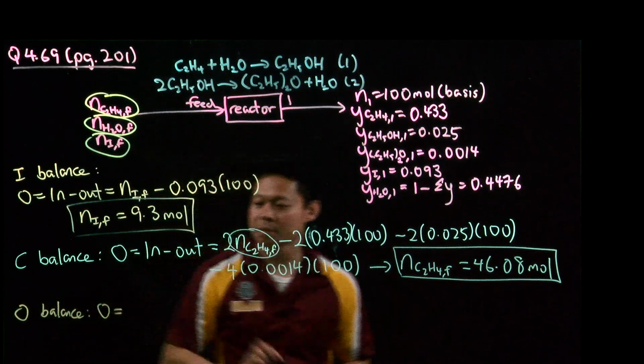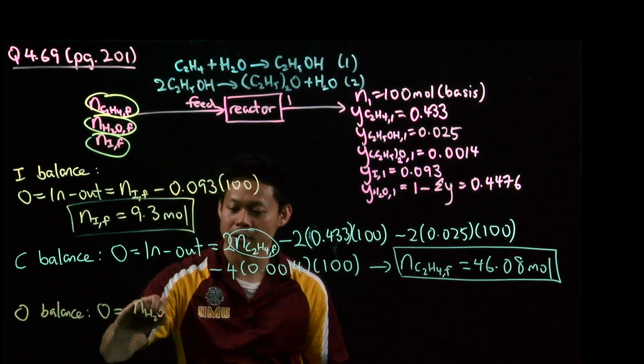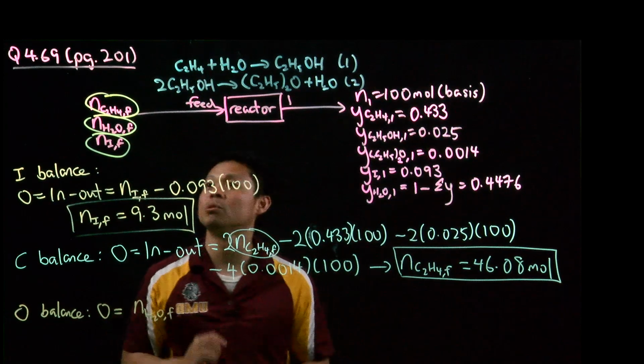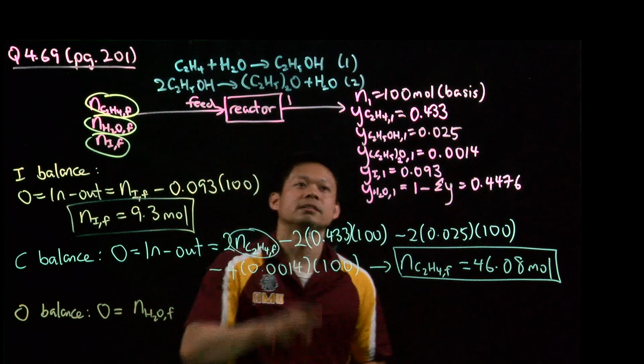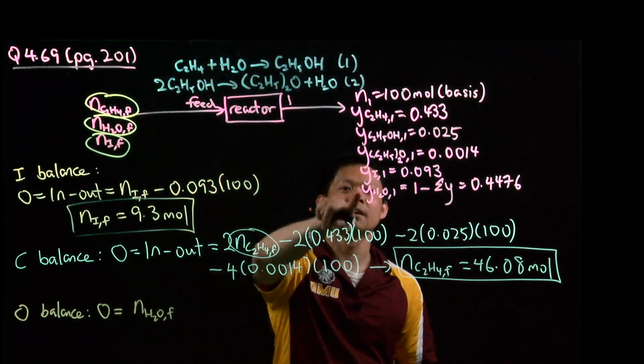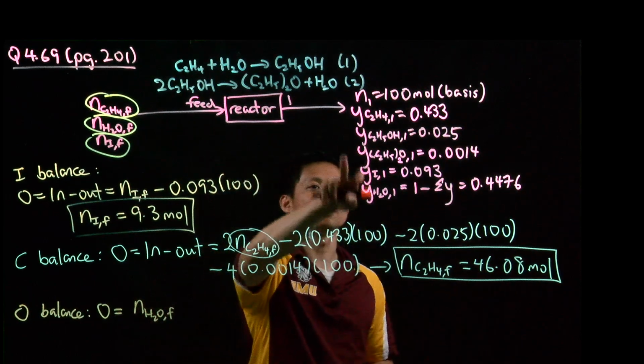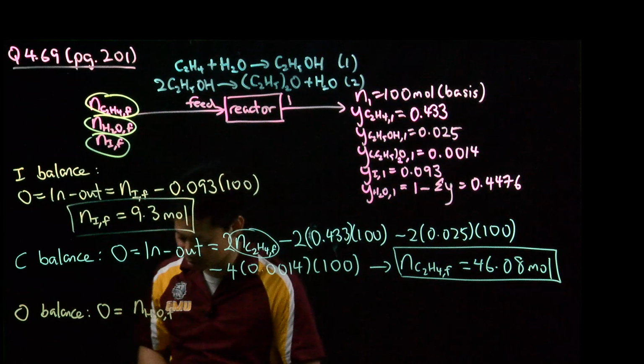All right, so 0 equals in minus out again. It's coming in as water, and it's 1 mole of oxygen per mole of water. On the way out, it's in my ethanol, my ether, and my water, but they're all with 1, so there's only 1 mole of oxygen per mole of each of these molecules.